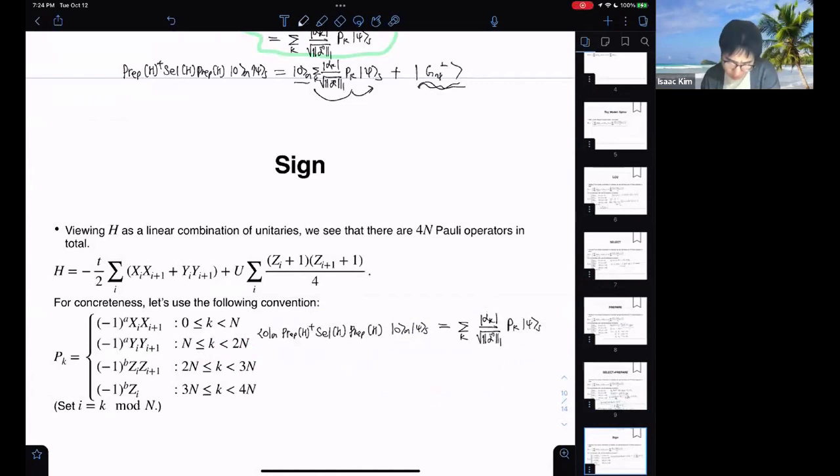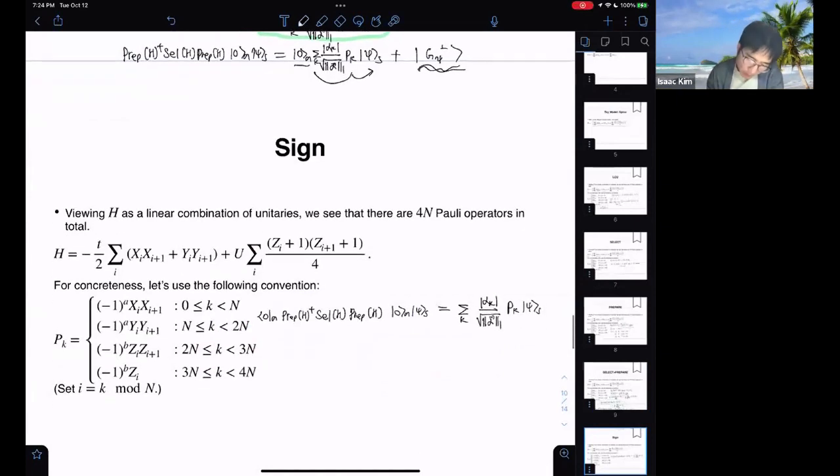But you see, the actual Hamiltonian is this thing.